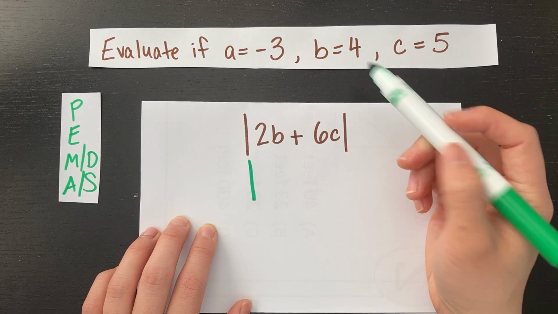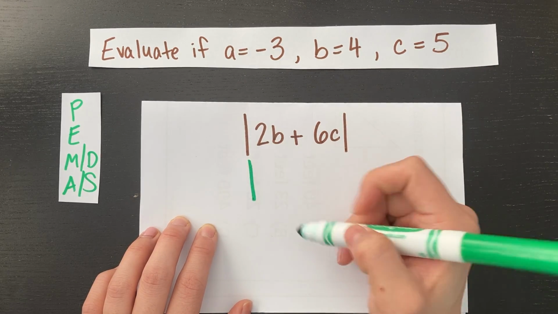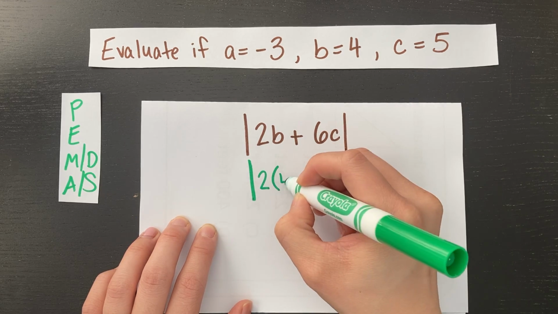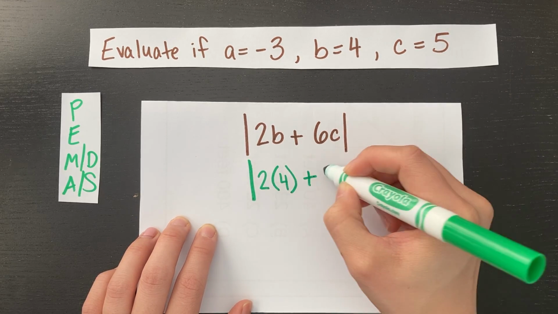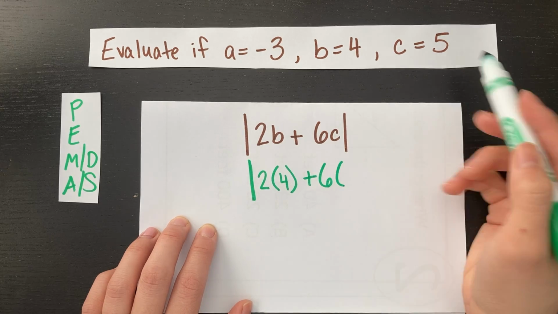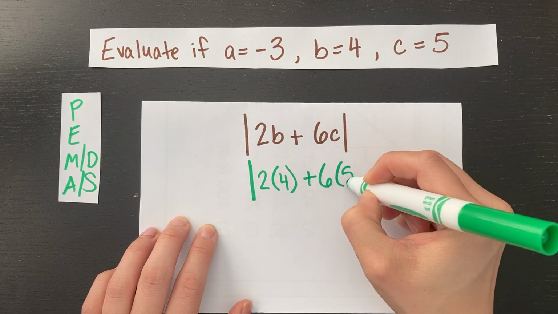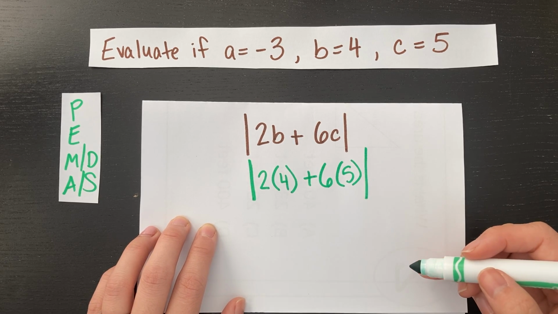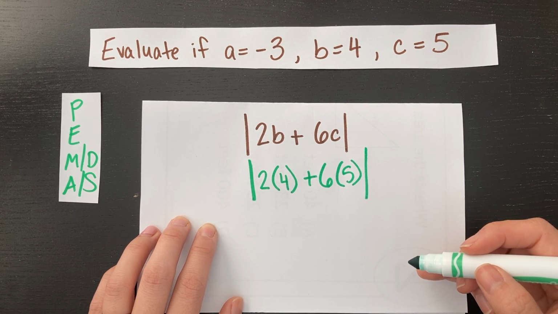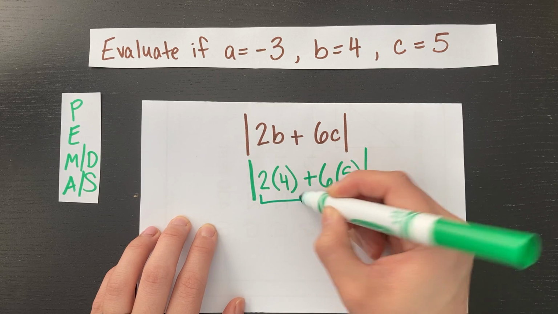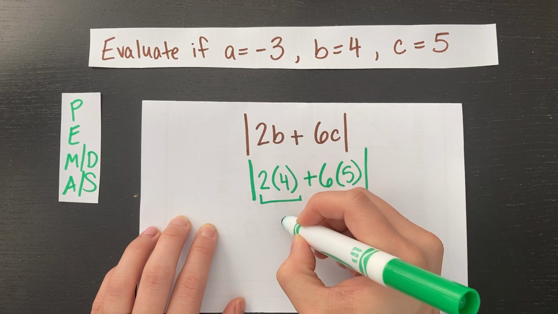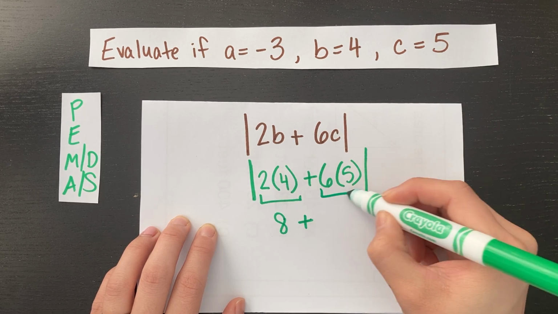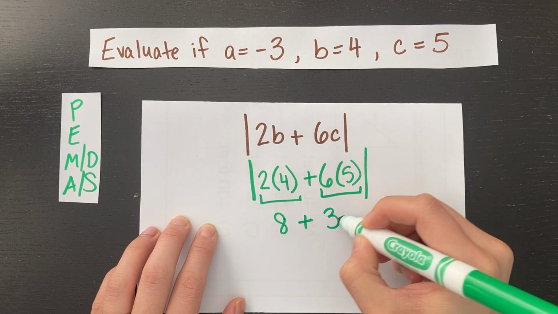I'm going to rewrite this again, knowing my values. This is 2b, so 2 times 4, plus 6c, or 6 times 5, since c is worth 5. Here's my absolute value bar, and then we're going to do this multiplication in here. 2 times 4 is 8, plus 6 times 5 is 30.